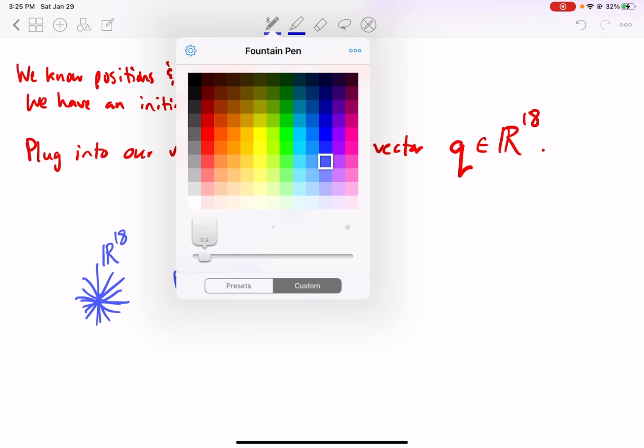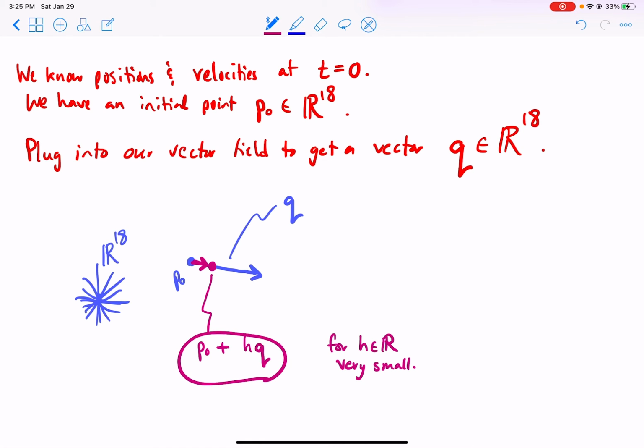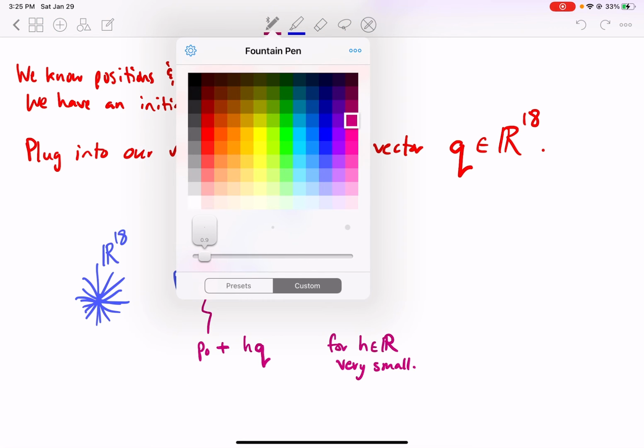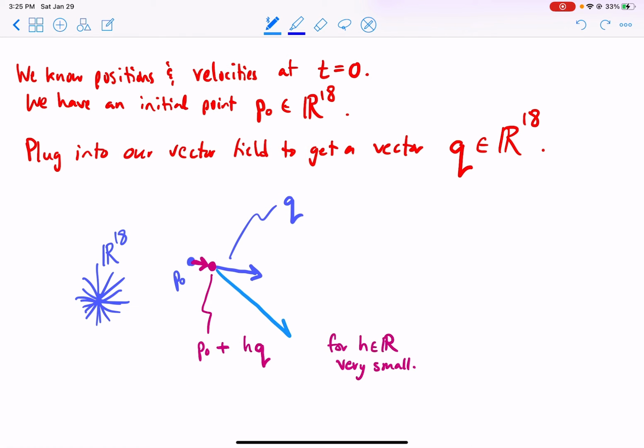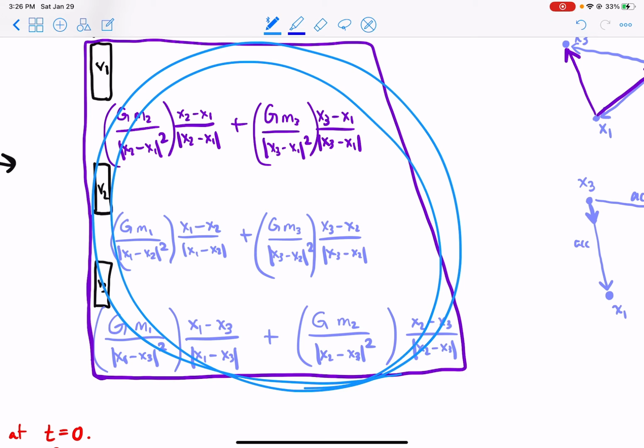Okay, so then what we should do is move a very tiny amount in the direction of Q. And that moves us to this new point, which is P naught plus very small amount, H times Q, for H, a real number, very small. That gives us our new point. Now, at this new point, we can plug into our vector field, and we get a different vector.